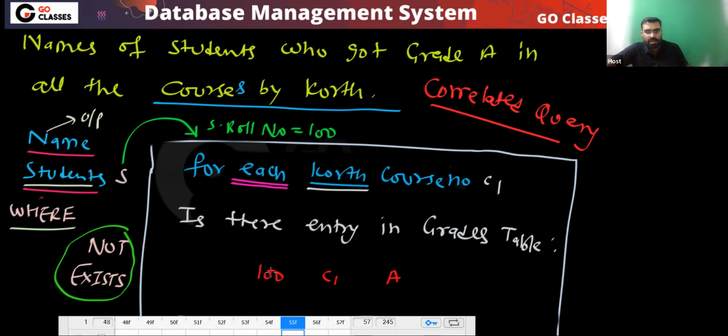For each course, if this type of entry is not there in the grades table, then what will happen?